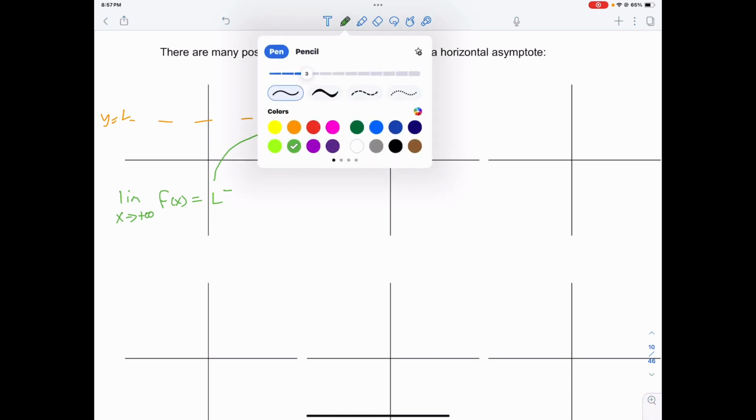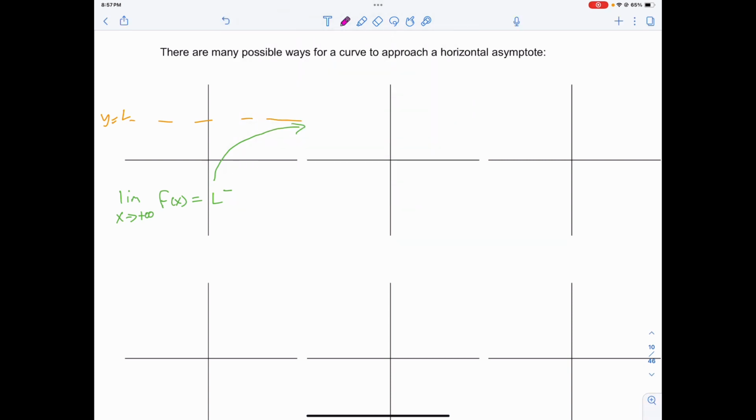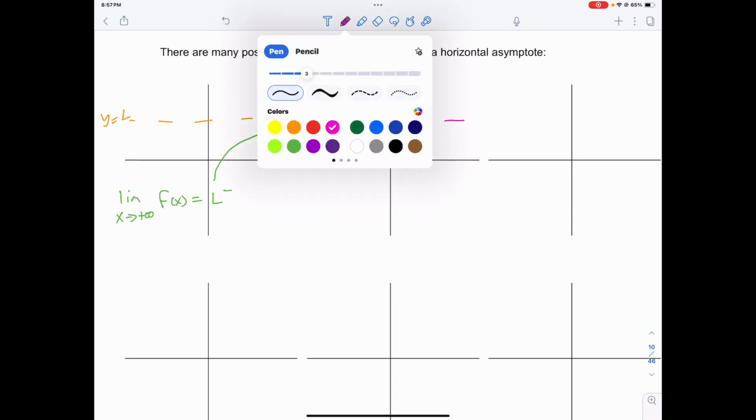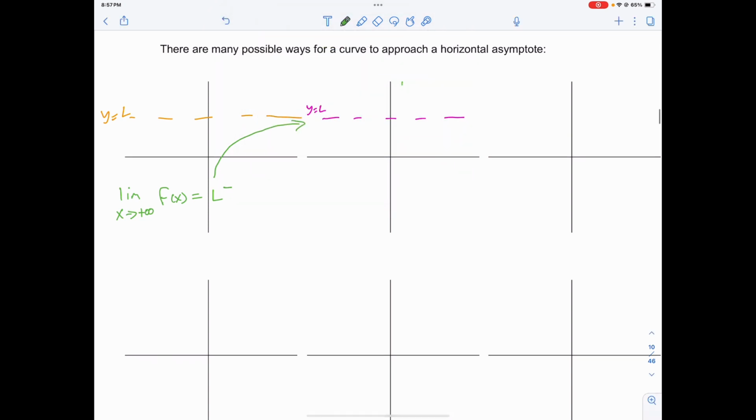We could also have it where it could approach from above. Once again, if I say this is y is equal to L, then I could have it approaching L from above L, or the limit as x approaches positive infinity for f of x is equal to L on the positive side.